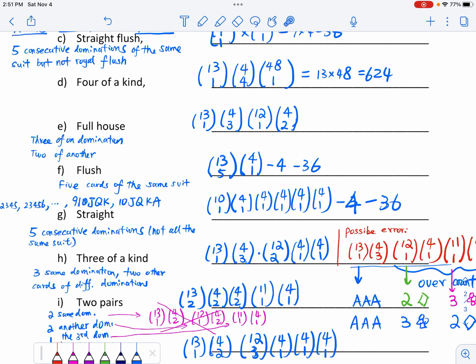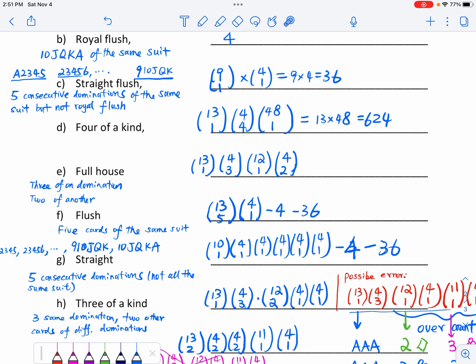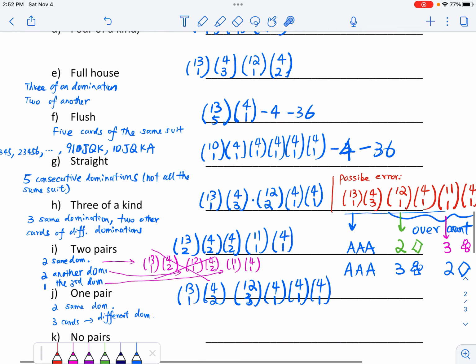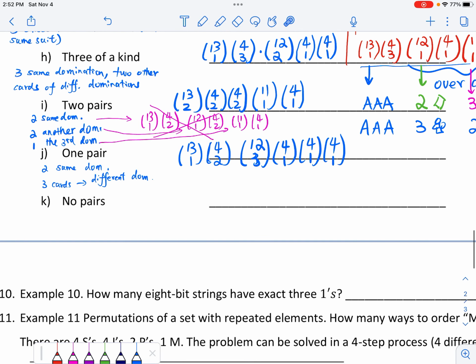They cannot be flush, I'm sorry. Okay, so now this is how I would do it. No pairs means 5 different dominations, and make sure that they're not straight. Otherwise, we'll call it straight, right?